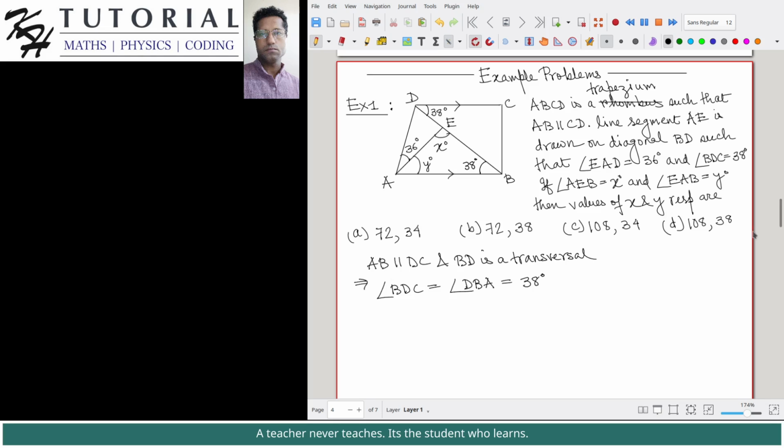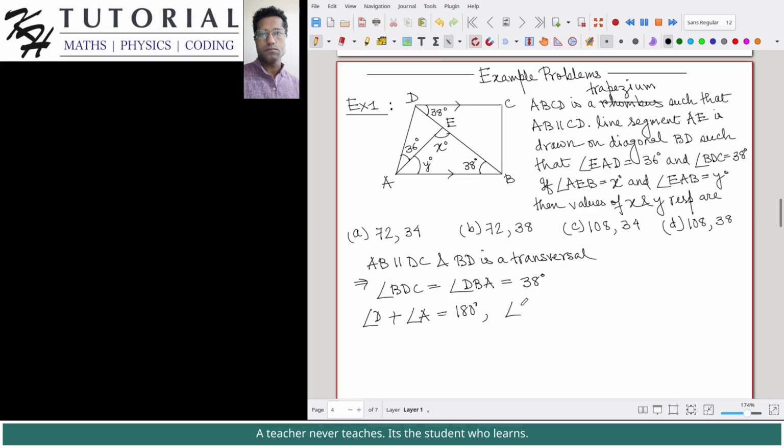Angle EAD is 36 degree and angle BDC is 38 degree. No other information is given. What else can we have? Angle D plus angle A, since they are co-interior angles and DC is parallel to AB, will be 180 degree.